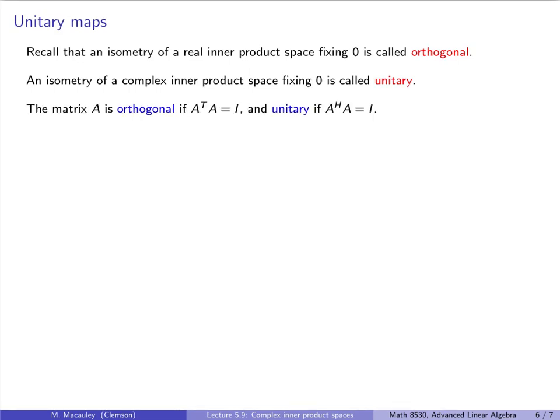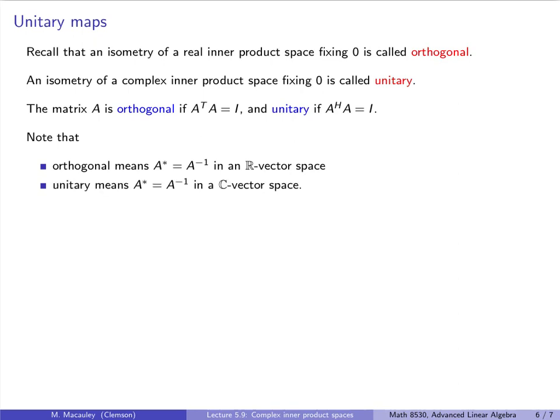Since we call a real valued matrix A orthogonal if A transpose A is the identity, we will call a complex valued matrix unitary if A^H A is the identity. Basically, the term orthogonal means that the adjoint of a matrix is its inverse in an R vector space, and unitary means the same thing but in a C vector space.